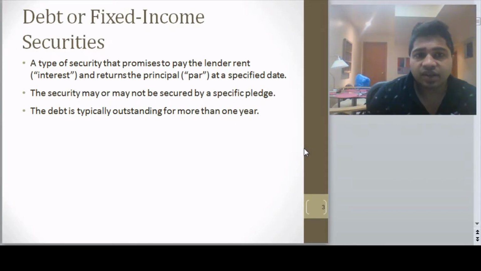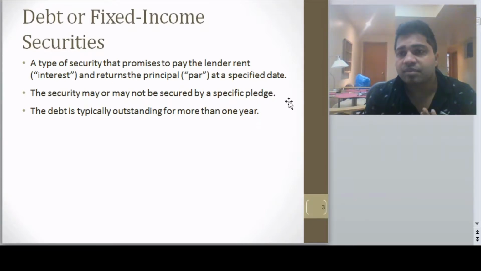A debt or fixed income security is a type of security that promises to pay the lender interest and returns the principal, the par value, when it matures. The security may or may not be secured by a specific pledge. Specific pledge means if I'm issuing some bonds, I can pledge an asset that I have against the issue of the bond.